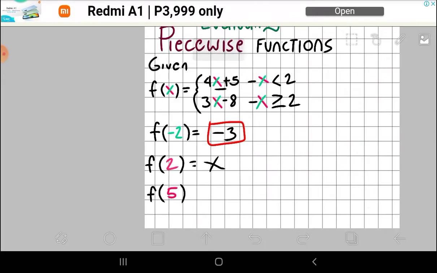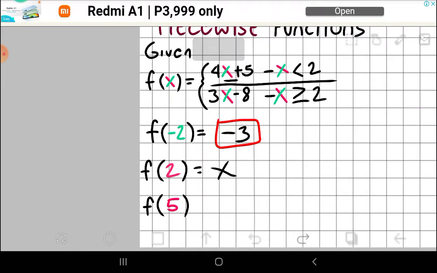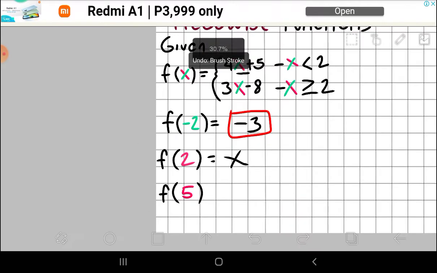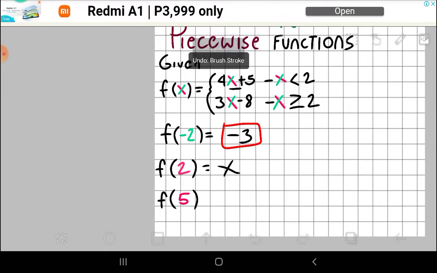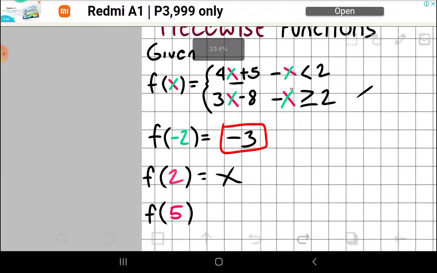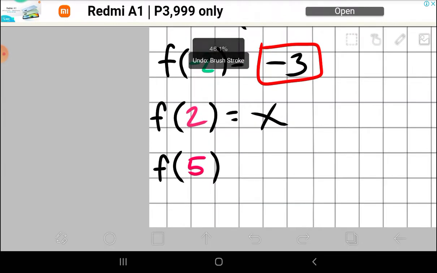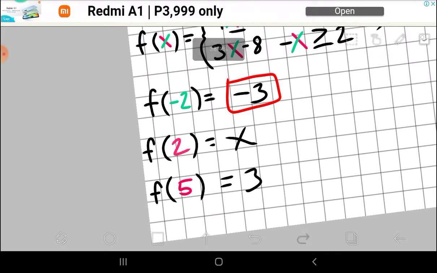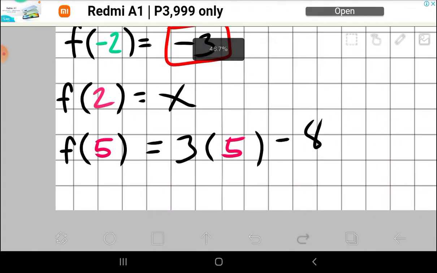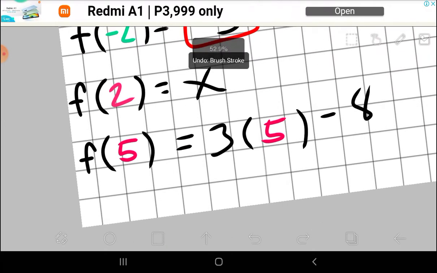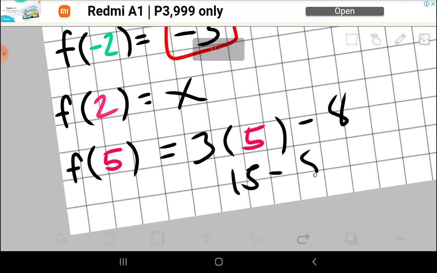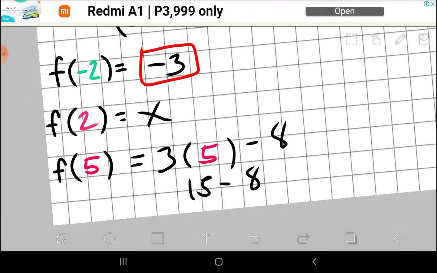About 5. Let's try this first. Wait, 5 is higher than 2. So we can just use this, I think. Yes, because this should be higher than this one. So let's use this. So 3, let's swap x to 5, negative 8. 3 times 5 is 15, minus 8.